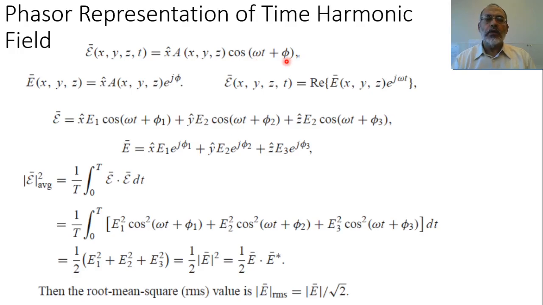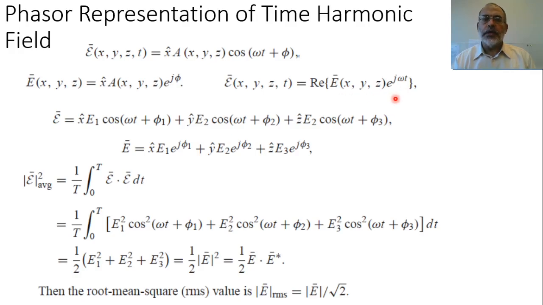Now we are going to assume that the amplitude as a function of x, y, z, the function of space, multiplied by the phase e to the power j phi, is defined as the phasor of the electric field. So in this case, we can say that the instantaneous electric field as a function of space and time is equal to the real part of the phasor electric field multiplied by e to the power j omega t.